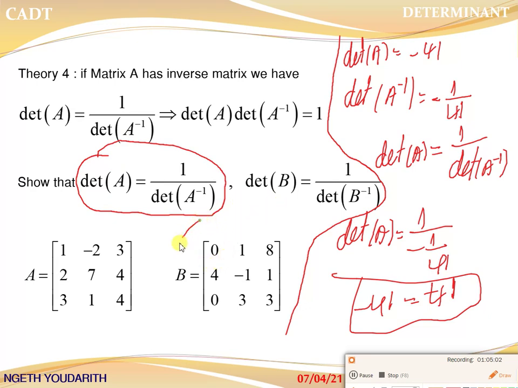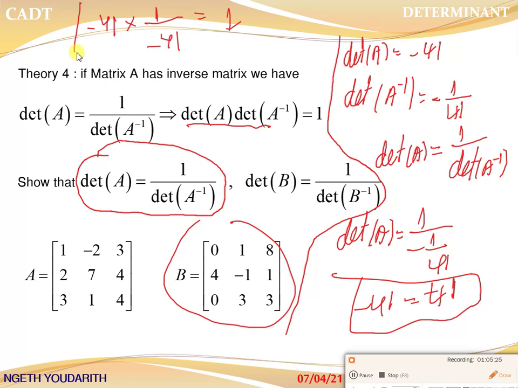And B is the same as A in this point. And the other, please remember, or you can take this one. I can take minus 1 multiplied with 1 over minus 1 is equal 1. So it's also the determinant of A multiplied with the determinant of A power minus 1. Why does it get 1?